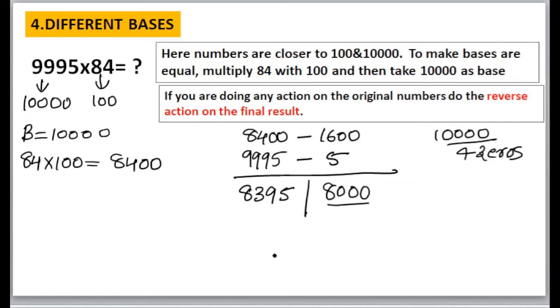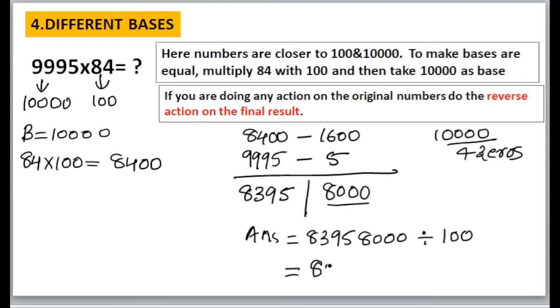So your answer is 8395 8000 divided by 100, because we have multiplied the original number with 100. So you have to divide the final result with 100. 839580 is your final answer.